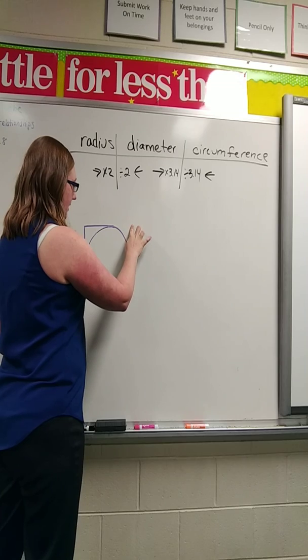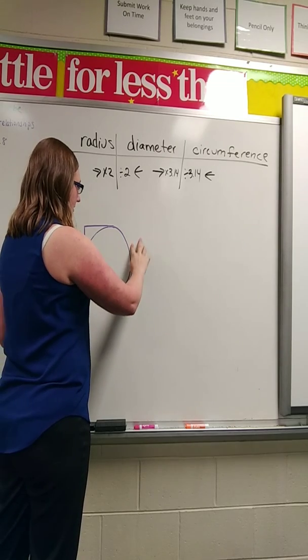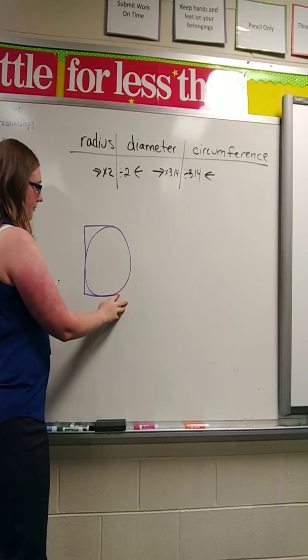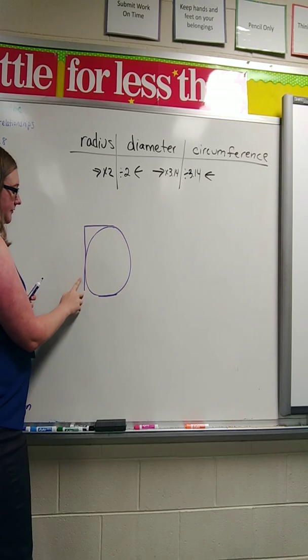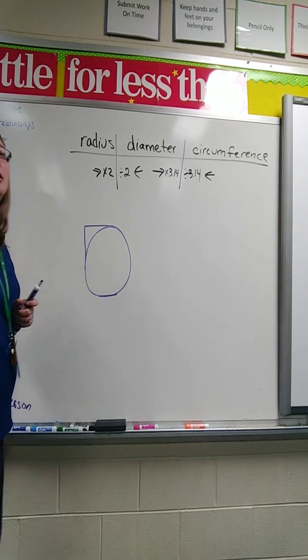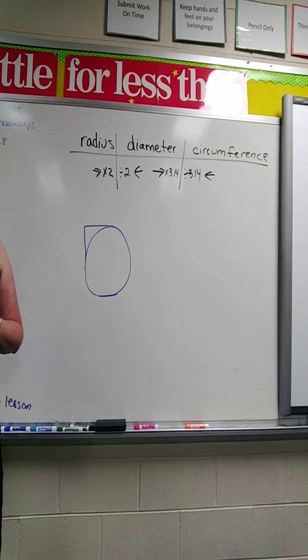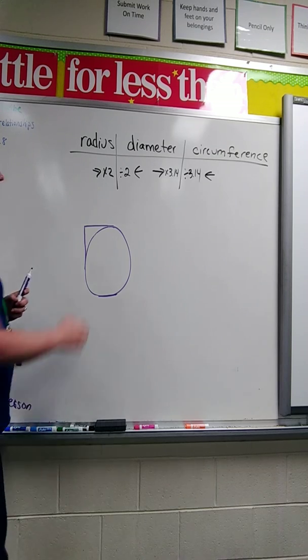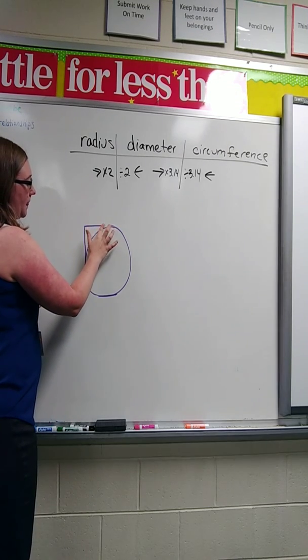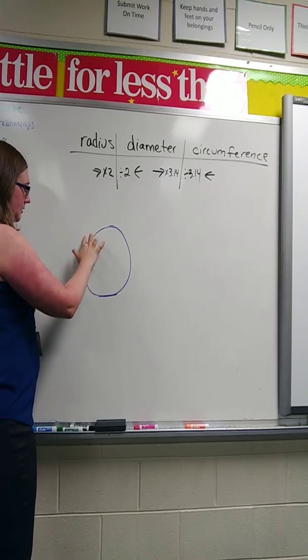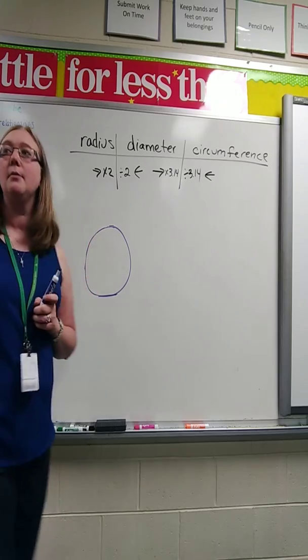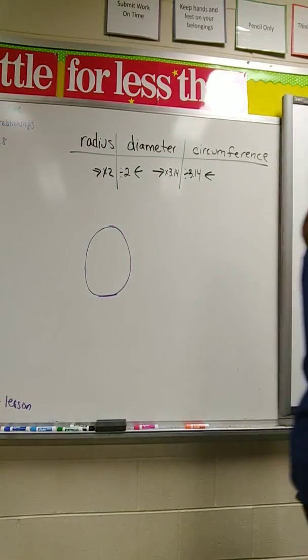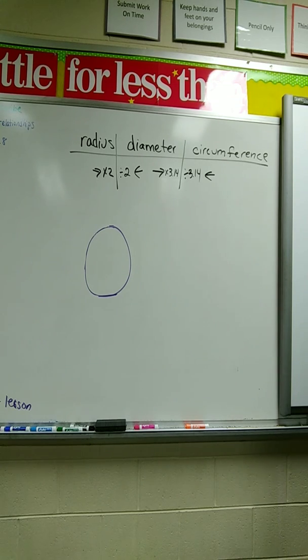So we're going to erase that. So the diameter is not really going to work if we're trying to find the area of our circle. Multiplying the diameter by the diameter, which would be the length times the width, that's not going to do much.